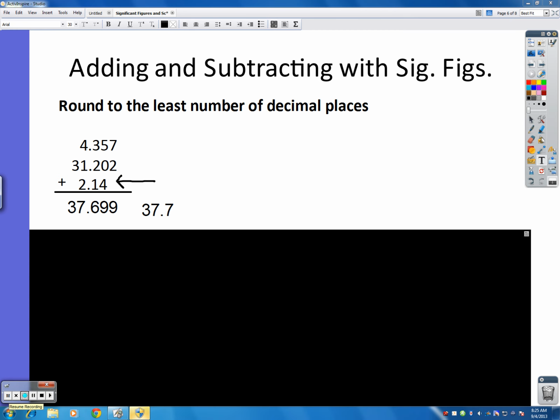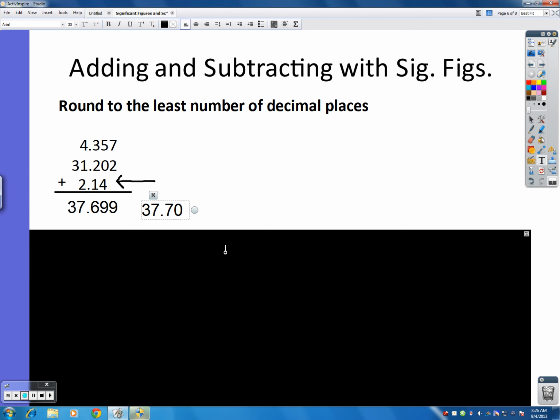However, 37.7 doesn't have the right number of decimal places. So we need 2 decimal places. In order to get that second decimal place, what we need to do is go ahead and add in a 0 here, so that our answer is 37.70.